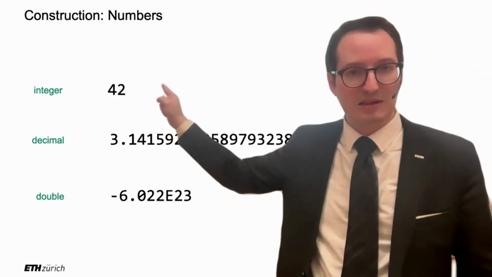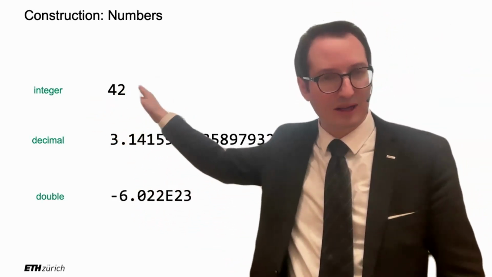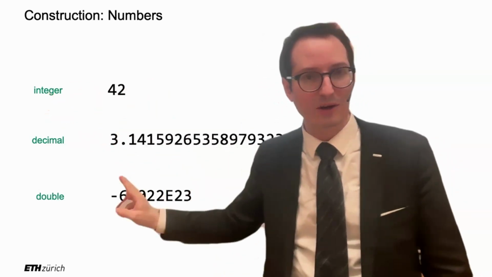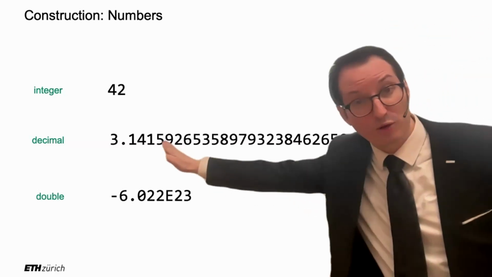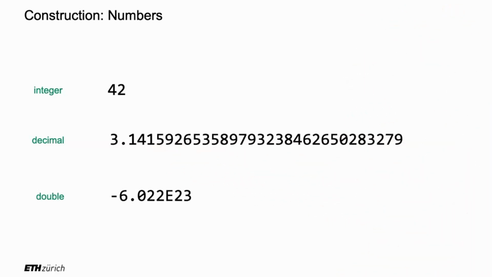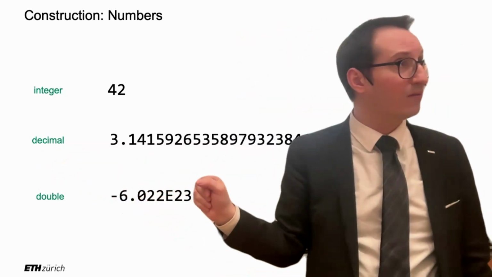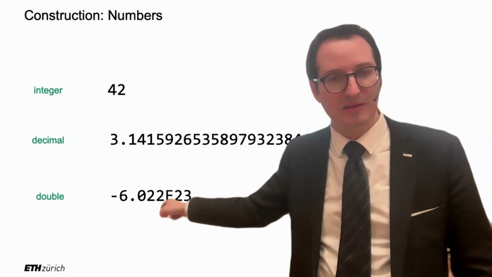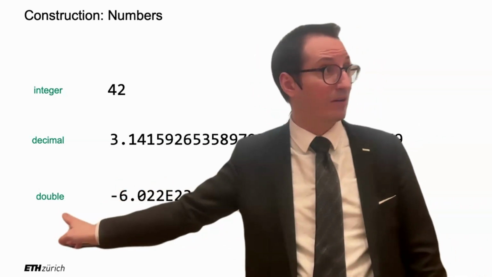And in fact, that's exactly how RumbleDB is going to do it. If you don't have any dot or any exponent, it's just going to return an atomic item of the type integer. If it has a dot, but there is no scientific notation, and by the way, you can have absolutely any number of digits here, even 1,000 digits if you want, then it's going to create a decimal value. And if you have a scientific notation, the E is times 10 to the power of, then it's going to create a double value, right?